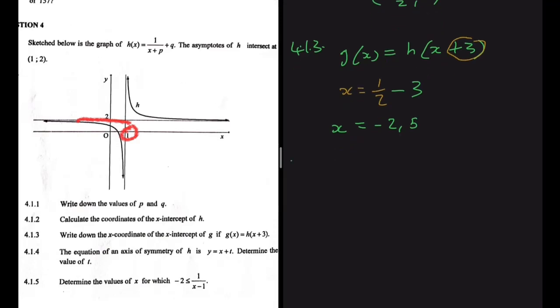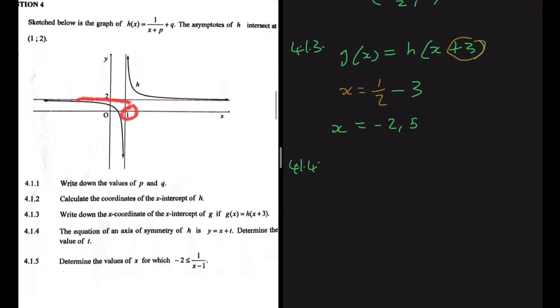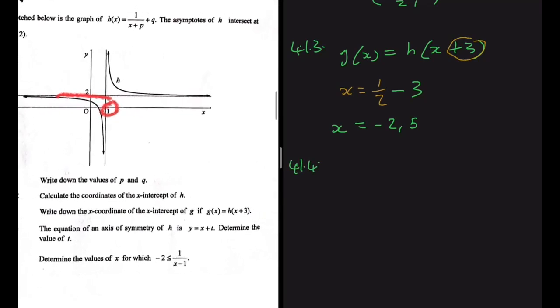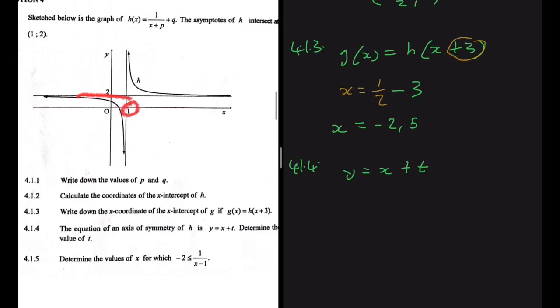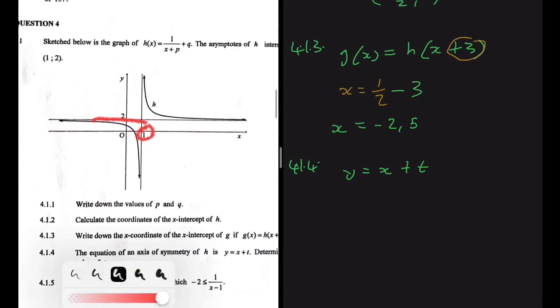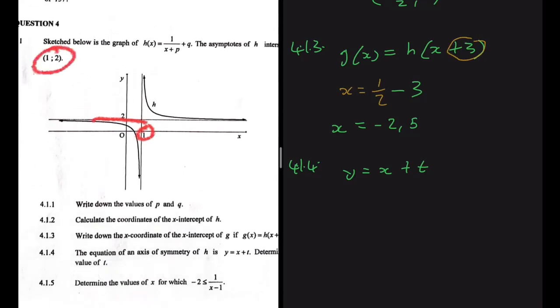Now let's do 4.1.4. 4.1.4 says that the equation of an axis of symmetry of h is y is equal to x plus t. Determine the value of t. So we are given the slope, right? We just have to find t. If you have an axis of symmetry, the point you substitute is the point where the asymptotes intersect.